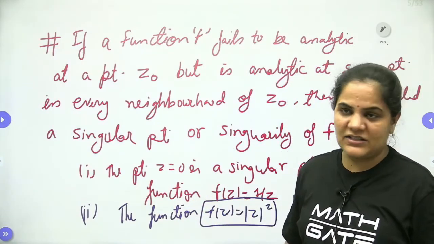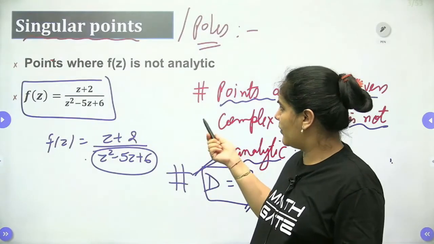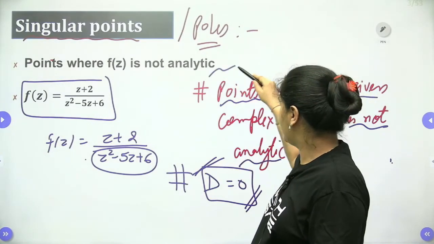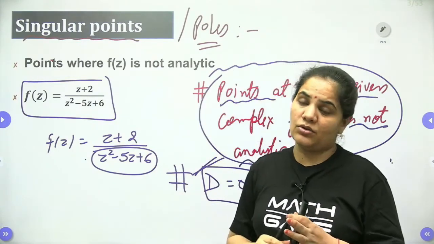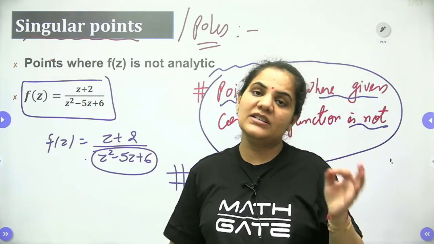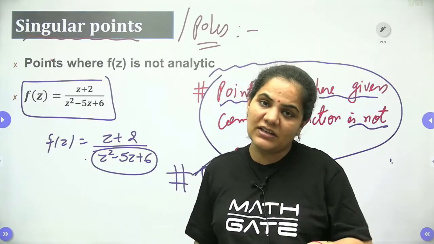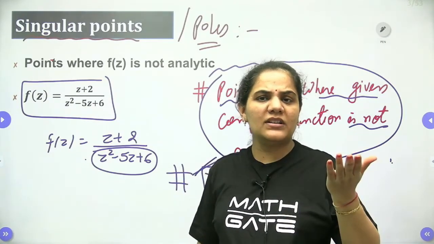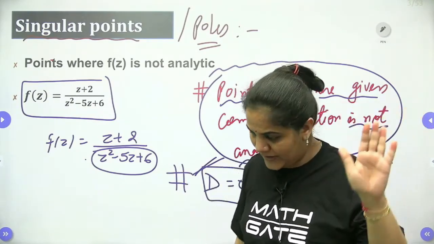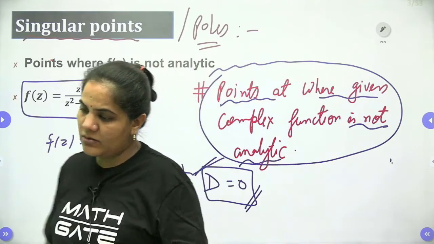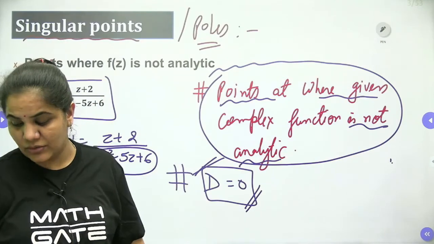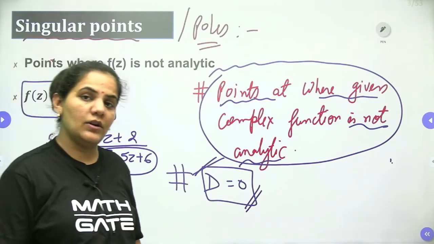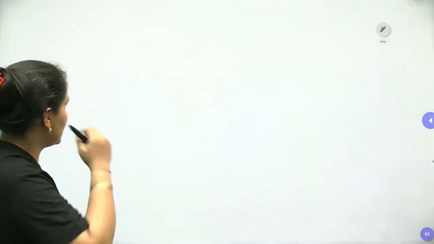But still, if you want to approach it, you can. The important part is that those points where a function is not analytic are called singular points, which means the denominator is equal to 0. Now this is the important thing which you should know before entering into Cauchy's integral theorem. Now I will tell you about Cauchy's integral theorem.